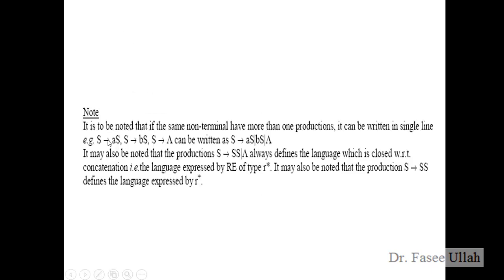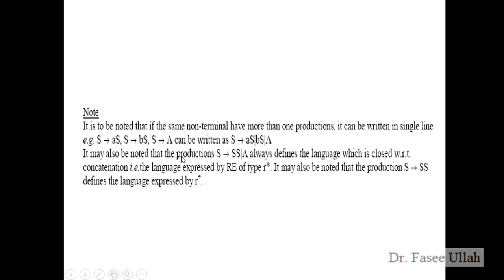For example, we have S is equal to aS, S is equal to bS, and S is equal to empty. So we can write using the concatenation symbol: S is equal to aS concatenation bS concatenation empty, or sometimes it's called OR. Okay.